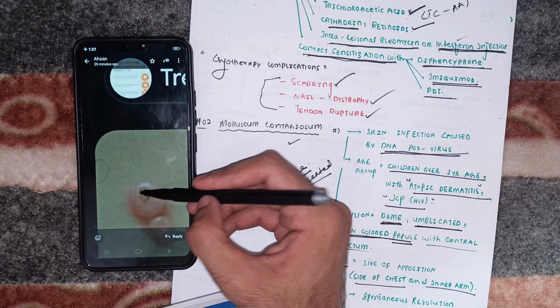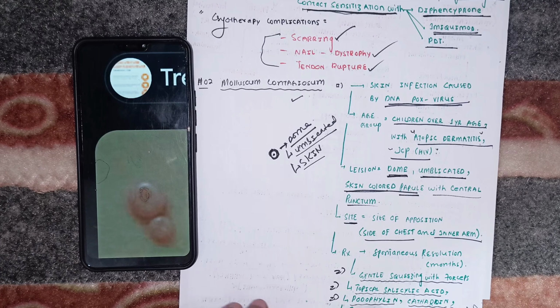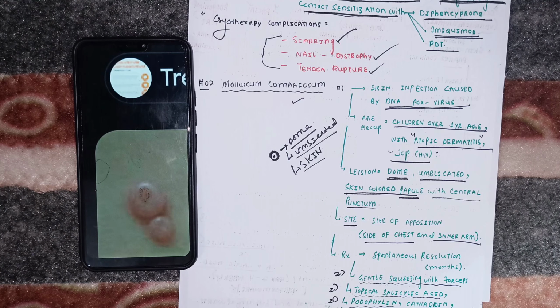This is a central punctum, a little dimple in the lesion. Okay, so this is the characteristic lesion of molluscum contagiosum. And the site where these lesions appear on the skin are sites of apposition.